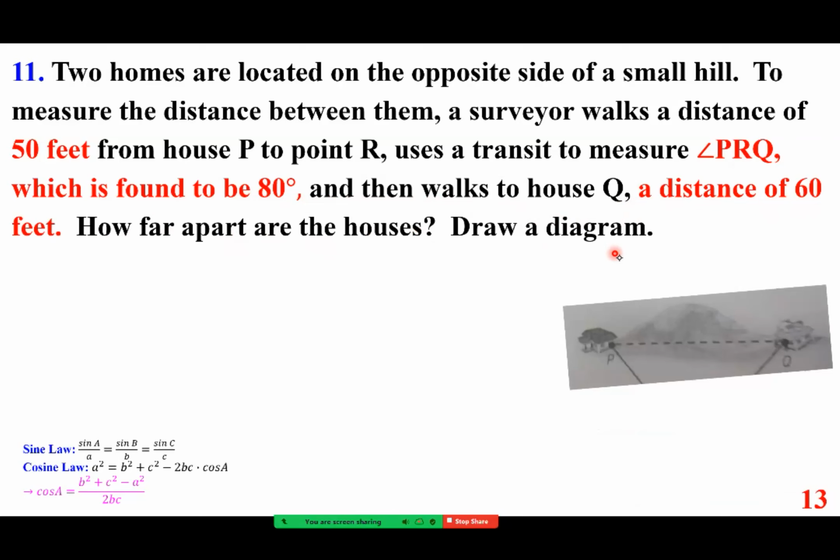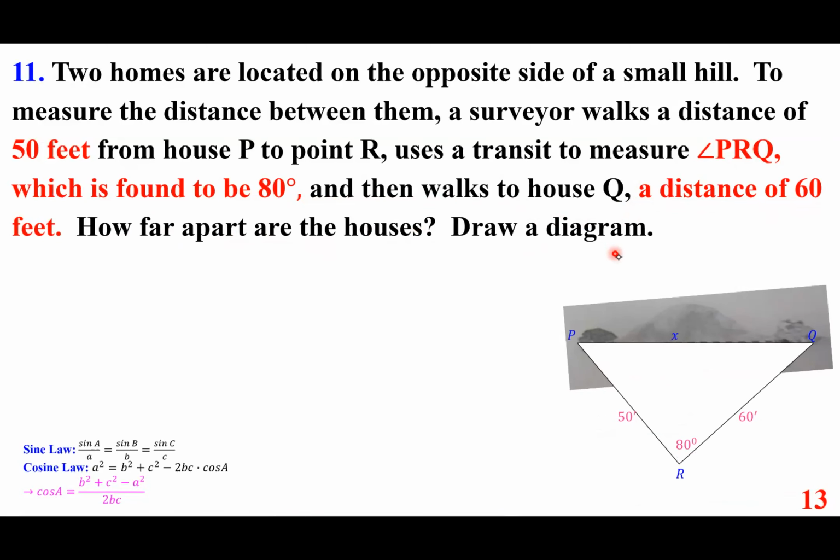So these are the two. So we have the two houses, if you will, 50 feet away, 60 feet away, creates this angle 80.